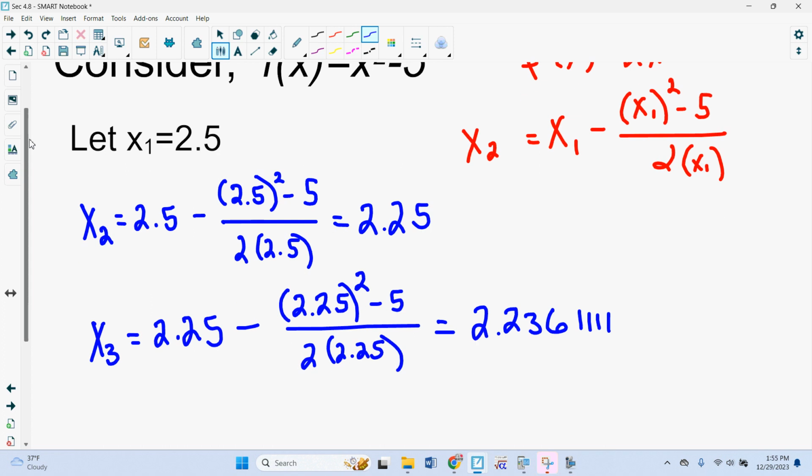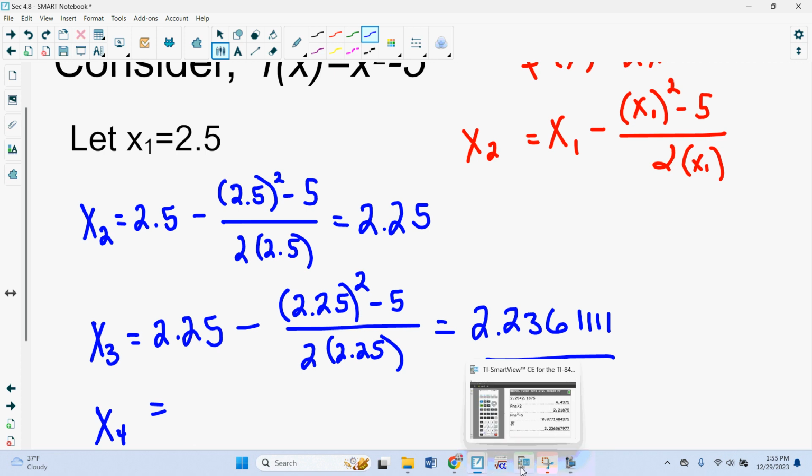So Newton's method quickly gets us to a really good approximation. Now, if we want to get closer, we could do it again, and we could find the fourth, and so forth.